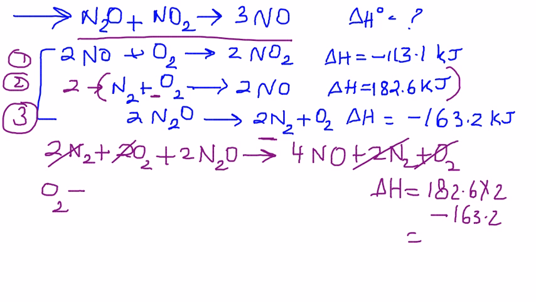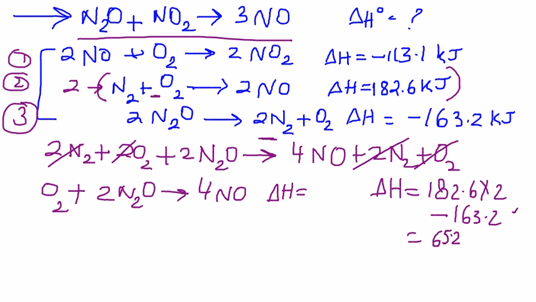My equation starts looking like oxygen plus 2N2O gives you 4NO, and delta H associated with this should come out to be 365.2 minus 163.2, which is 202 kilojoules. That is the heat I'm getting as of right now. So that's the first thing.